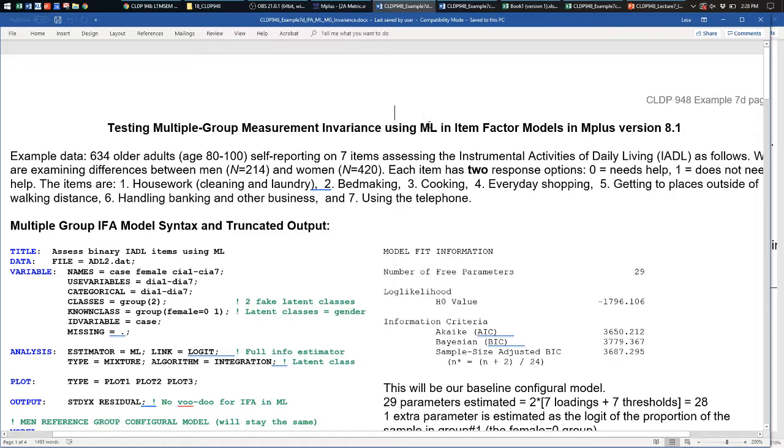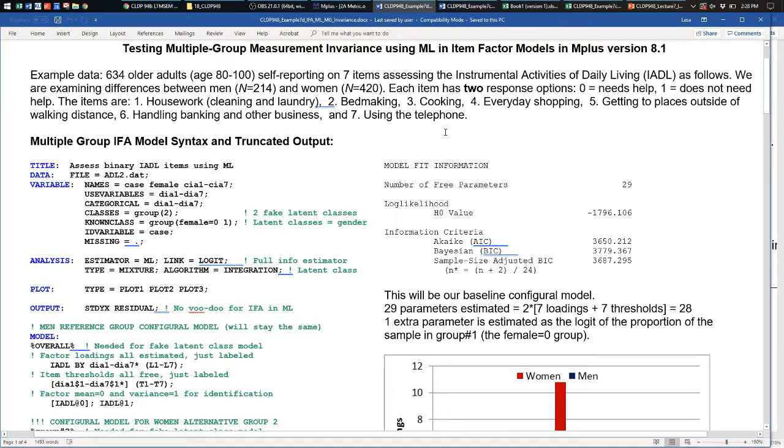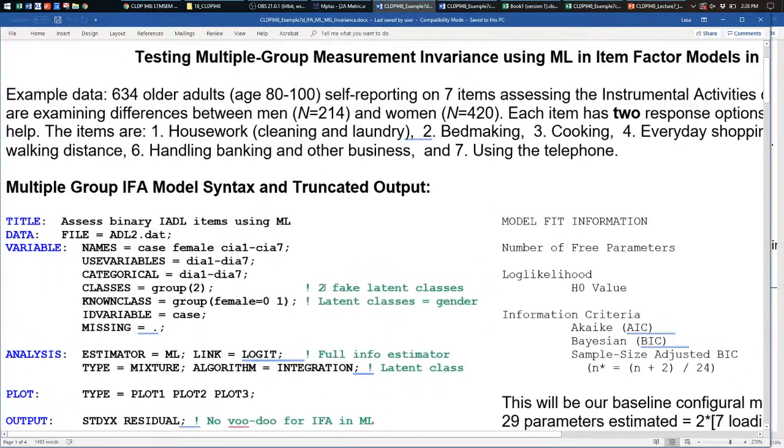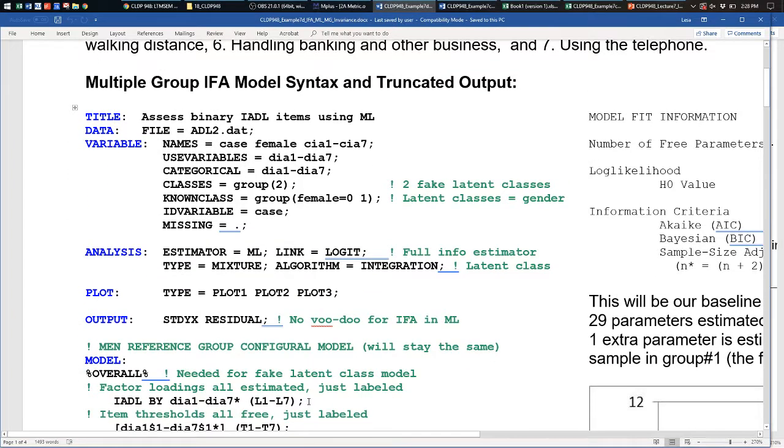Last but not least, if you want to do invariance testing using ML, the code looks different, and so I wanted you to have an example of that, although I'm not going to make you do it. For reasons that are unclear to me, if you wanted to fit the same IFA model using full information maximum likelihood instead, you're not allowed to use their multiple group setup. Instead, you have to pretend that it's a latent class model.